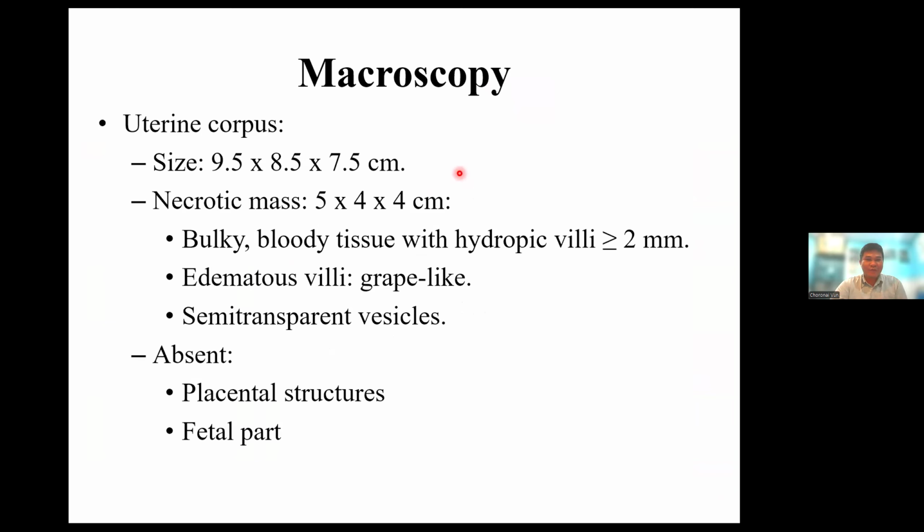For the uterine corpus, the size is increased, with a necrotic mass inside the uterine cavity, around 4 centimeters, with bulgy bloody tissue, hydropic villi. All villi are more than 2 millimeters in diameter.